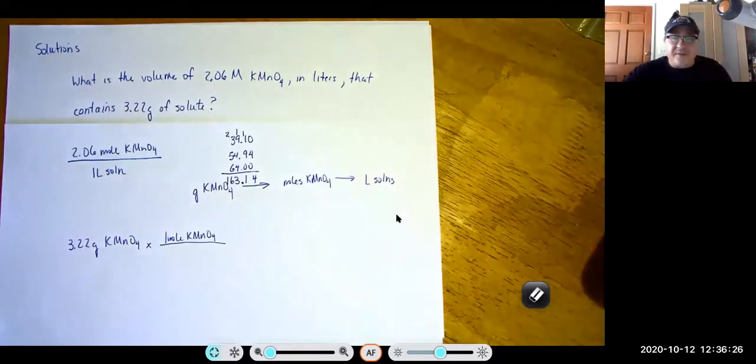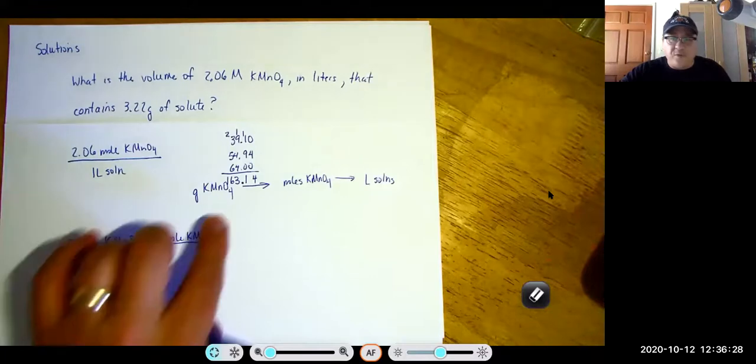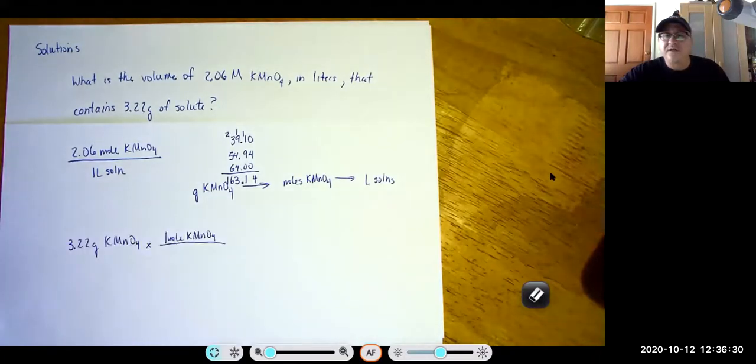Okay, so did anyone else get 163.14 for the molar mass?